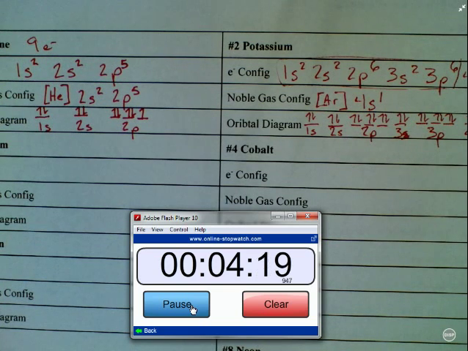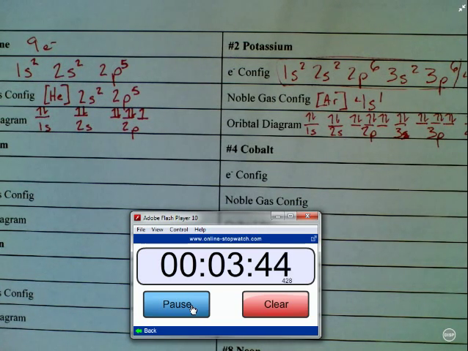So we follow the notes when we do 4p, and when they write it out, 4p goes up to 6, right? They decided that this doesn't mean this is the order in which they fill.